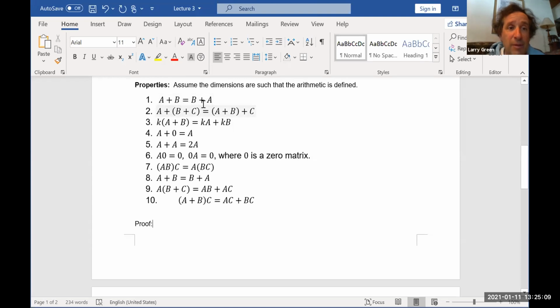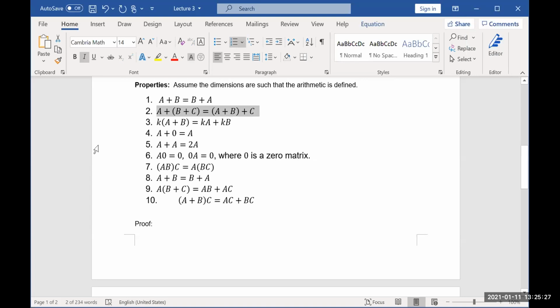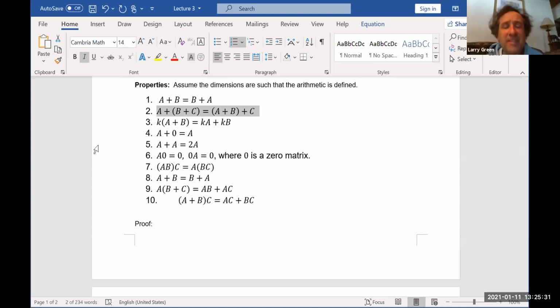All right, so A plus B equals B plus A. That's the one I just said. That's commutativity. A plus (B plus C) equals (A plus B) plus C. What do you call that one? That's commutative. Commutativity is number 1.